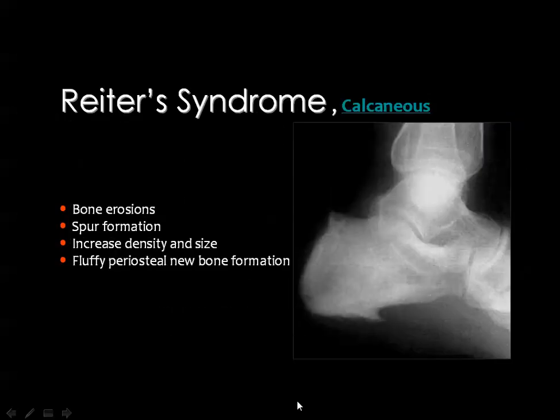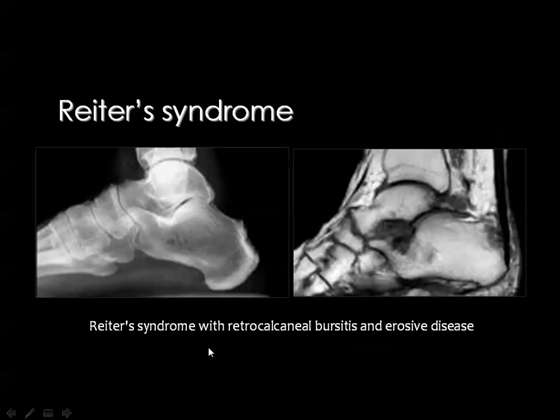Then in the calcaneus, similar manifestations to psoriasis are seen, including bone erosion, spur formation, increased bone density, and the fluffy periosteal new bone formation. To differentiate psoriasis from Reiter syndrome, whenever you look at the ankle joint, then you should go to the clinical manifestations: the skin and nail changes in psoriasis, the urethritis and the conjunctivitis in cases of Reiter syndrome.